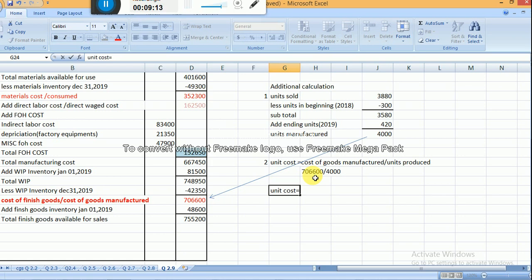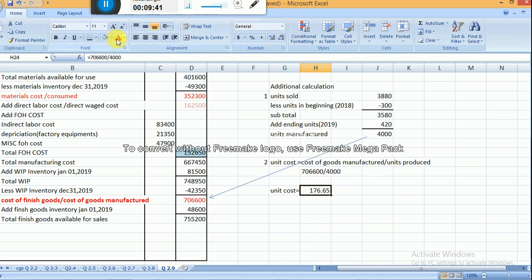Now, unit cost is equals to 7,06,600 divided by 4,000 units. So 176.65.